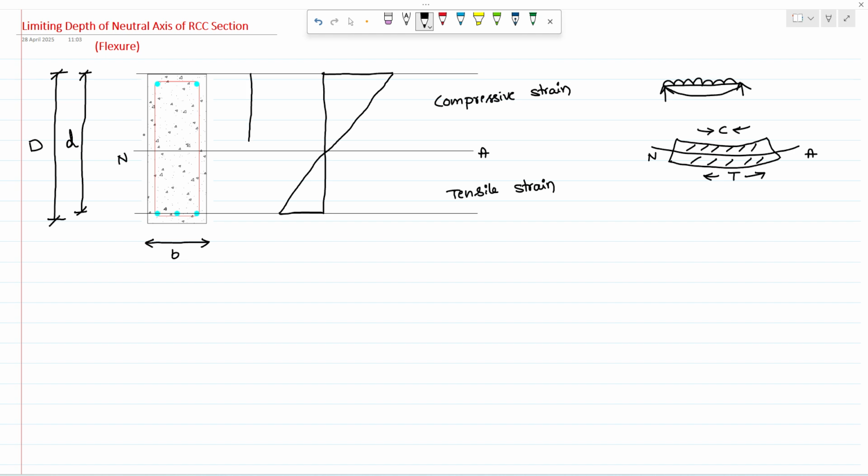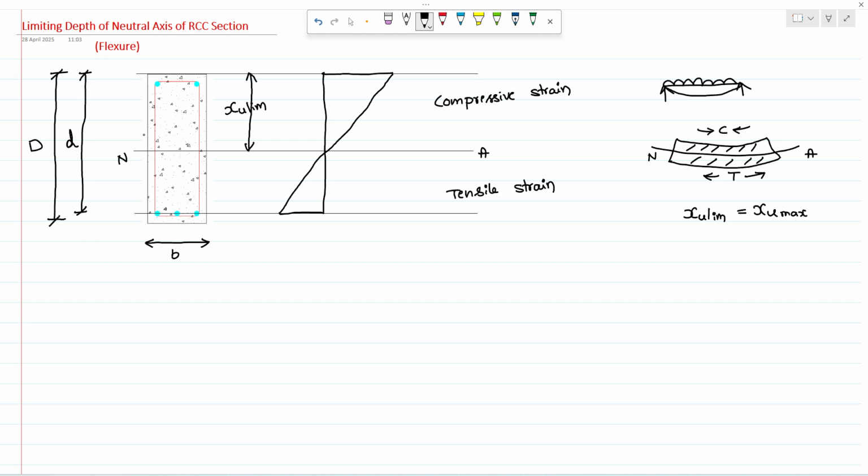So this depth of neutral axis is XU limit or XU max. Here both are the same: XU limit, the limiting depth of neutral axis, or XU max, the maximum depth of neutral axis.